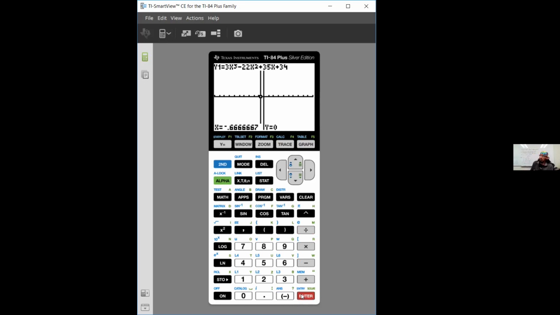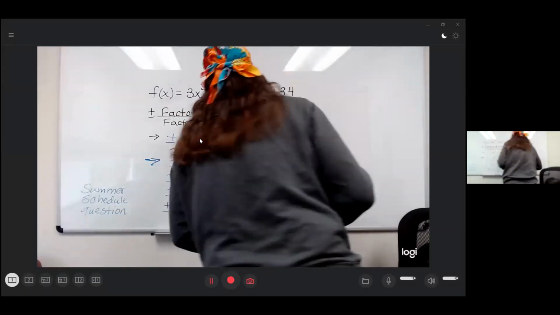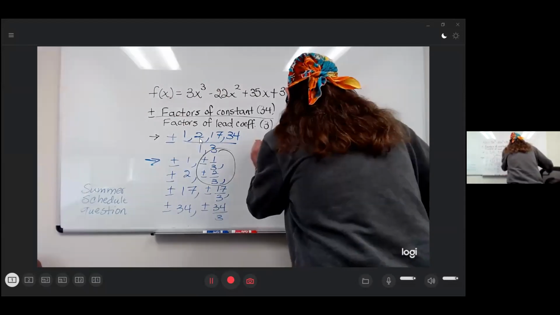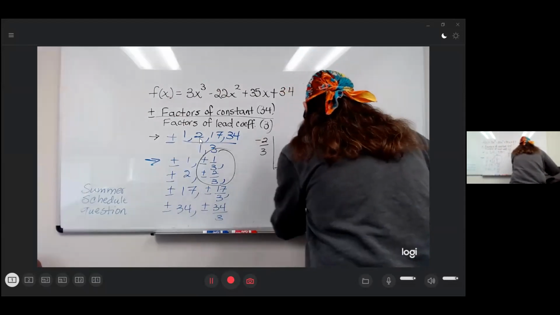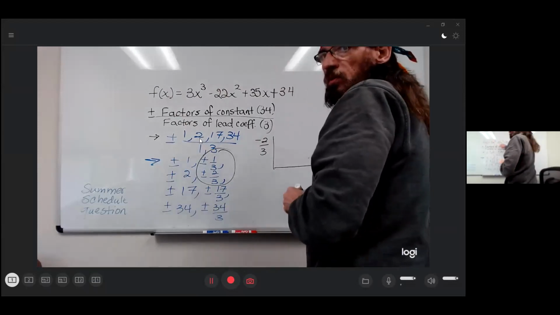Let's confirm that using synthetic division. So let's see here, negative 2/3. Luckily, we don't have any missing powers of x here.